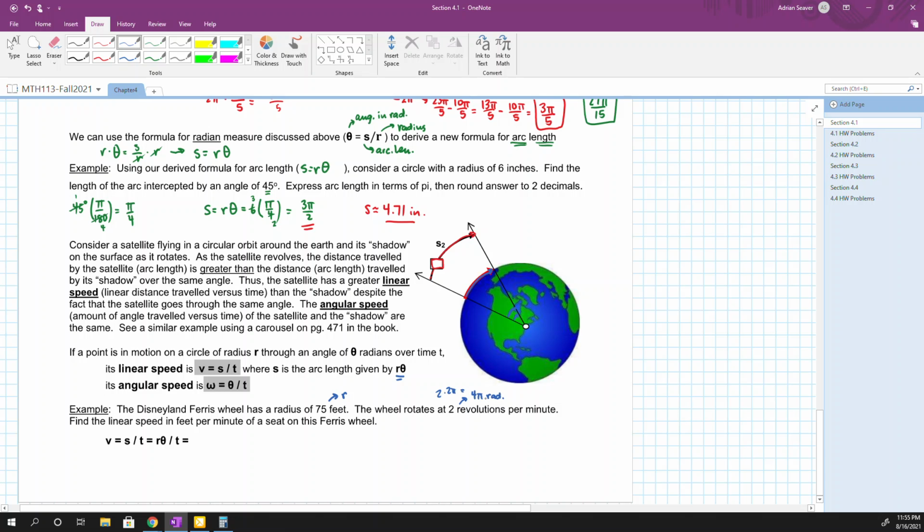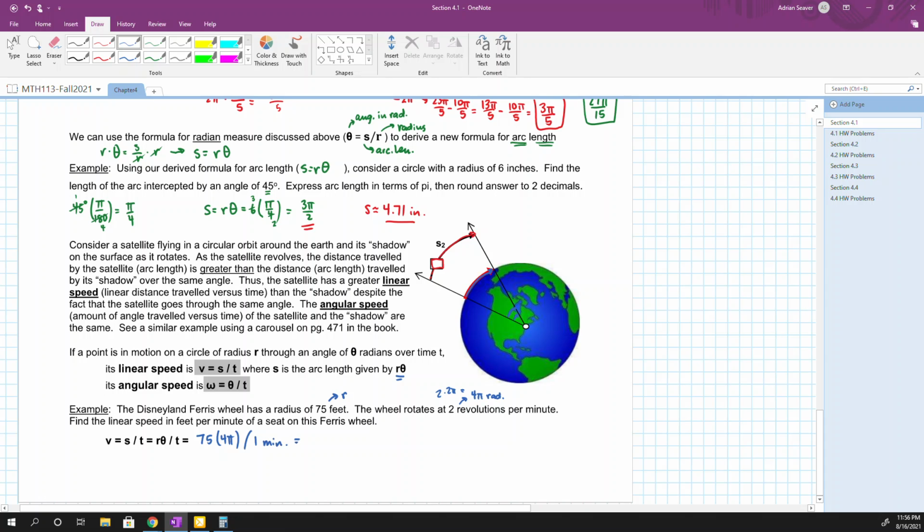So you're going to have 4 pi radians per minute. My formula down here, v equals r times theta. r is 75. My angle theta is 4 times pi. And time, it says feet per minute, and I'm giving this in revolutions per minute, so that's per minute, 1 minute.